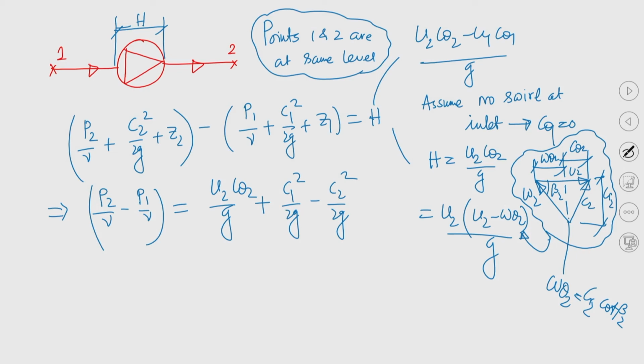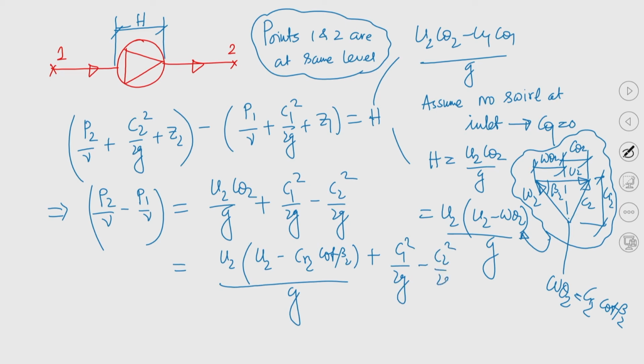So, if we further write this expression, we can write that U2 C theta 2 is equal to U2 minus W theta 2. So, that is nothing but U2 and W theta 2 is equal to CR2 cot beta 2, right, plus this by g plus C1 square by 2g minus C2 square by 2g.